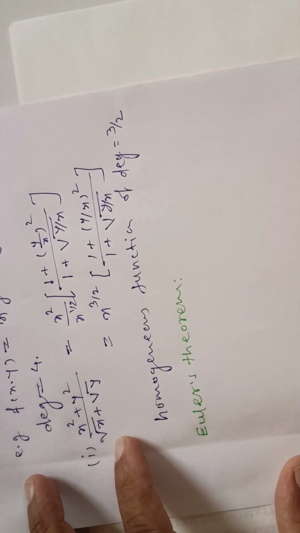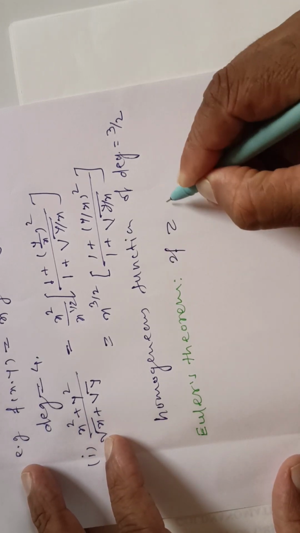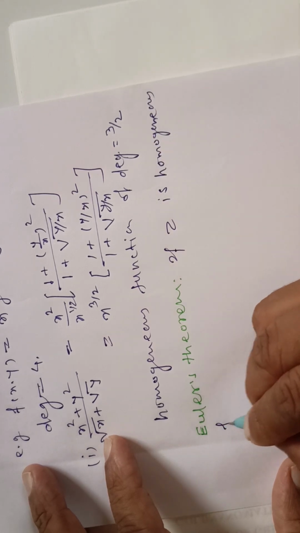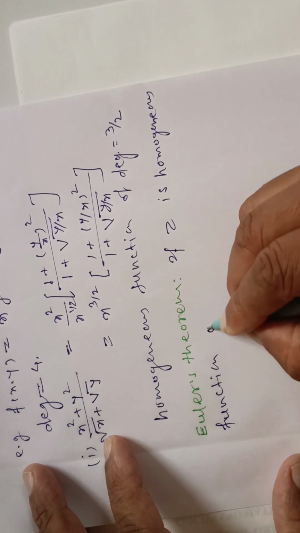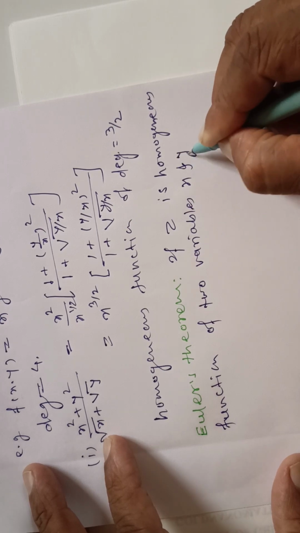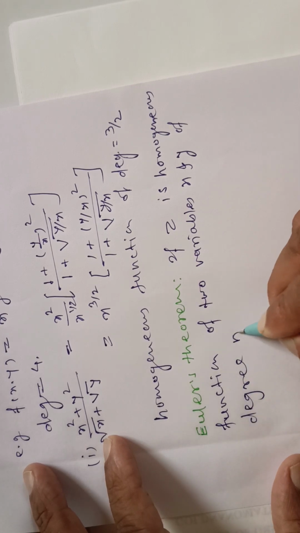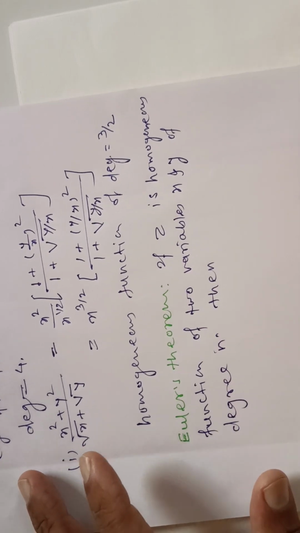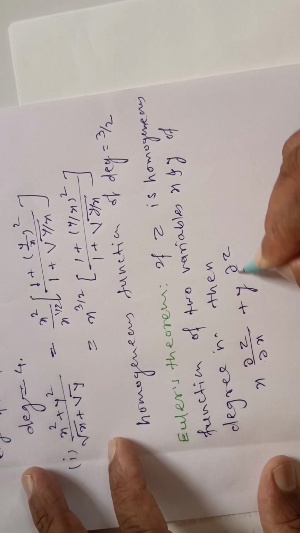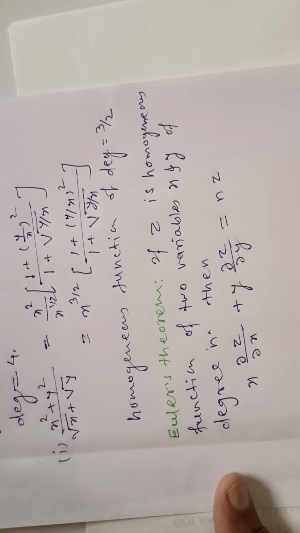Euler's theorem on homogeneous functions states that if z is a homogeneous function of 2 variables x and y of degree n, then the expression x ∂z/∂x plus y ∂z/∂y is equal to n times the function. n is the degree of the homogeneous function.